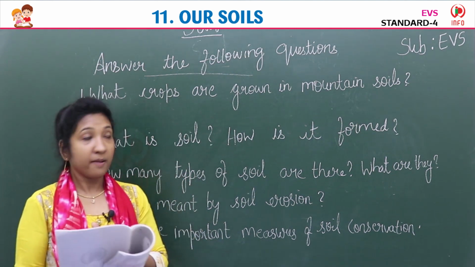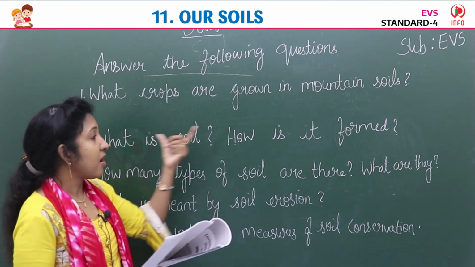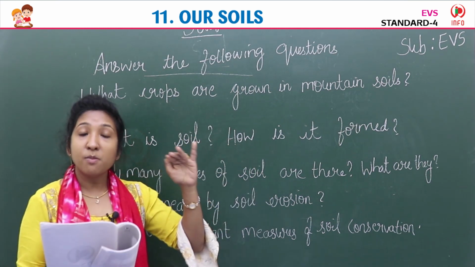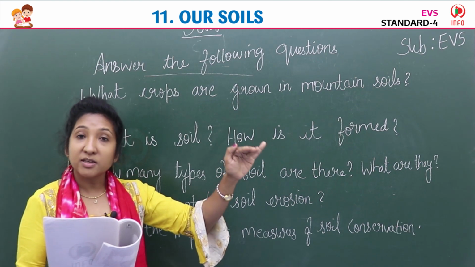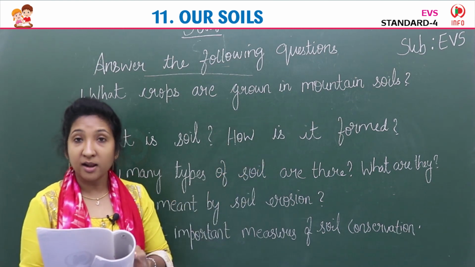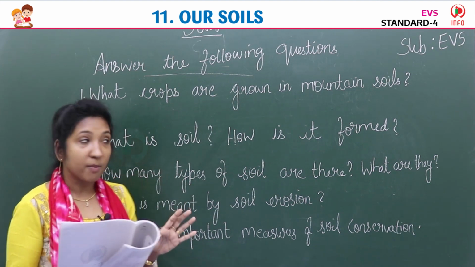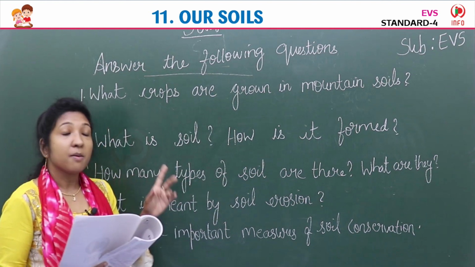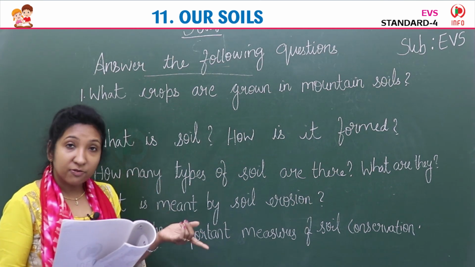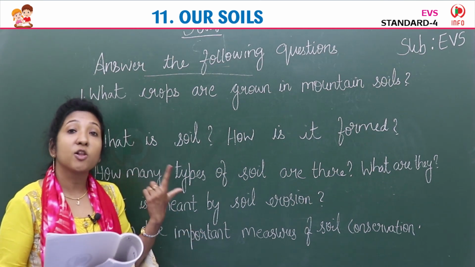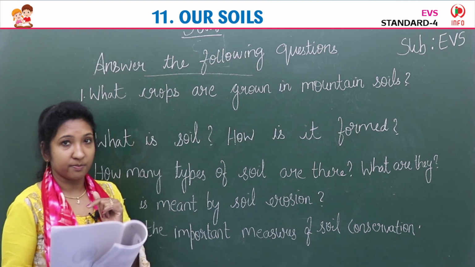So what is soil? How is it formed? The topmost fertile layer of the earth's surface is called soil. Soil is formed with the combination of 5 soil forming factors such as parent material, topography, climate, biological organisms and time.